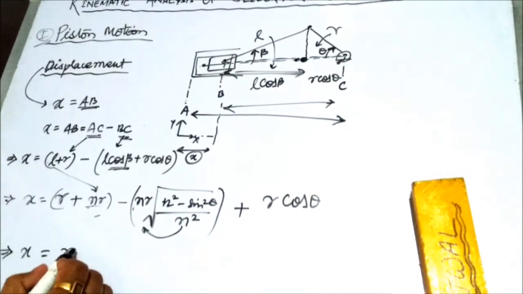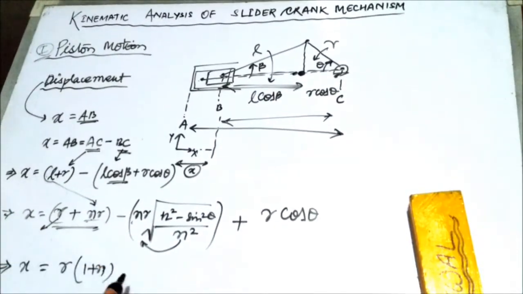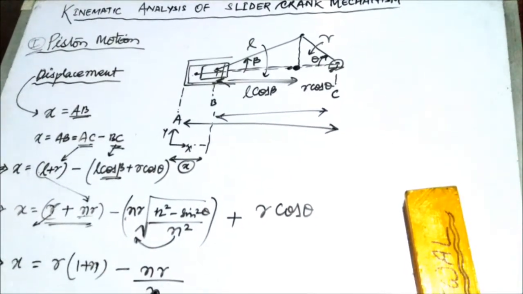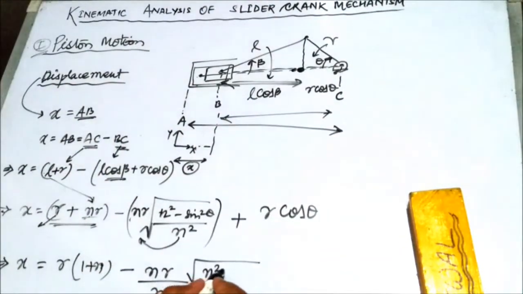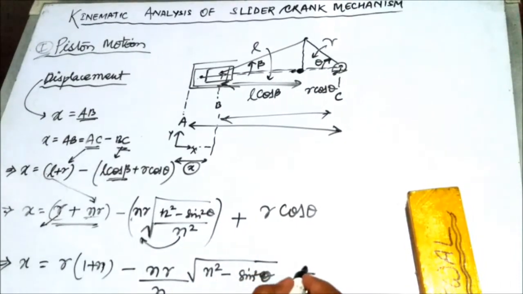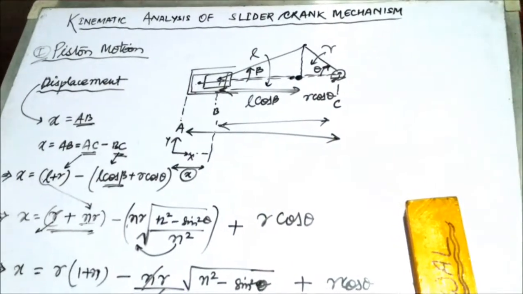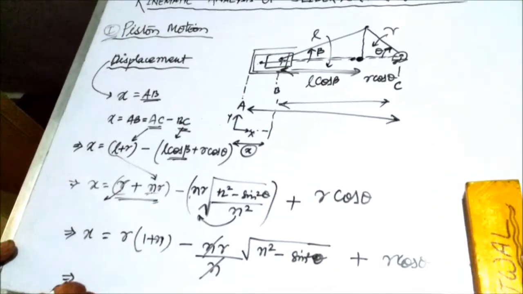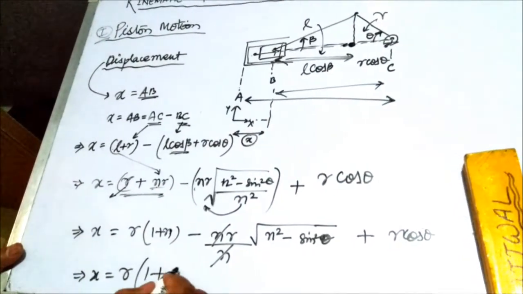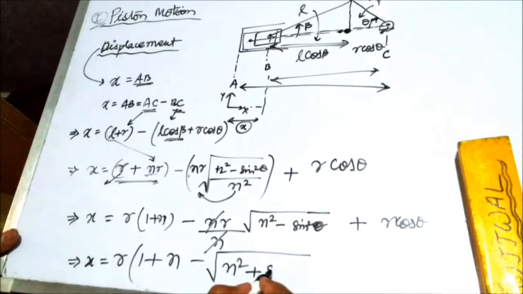So R times 1 plus n, R we have taken common, nR upon n, root under n square minus sin square theta, plus R cos theta. Now n cancelled out, so we will get x, take R common from the whole terms, 1 plus n minus root under n square minus sin square theta plus cos theta.